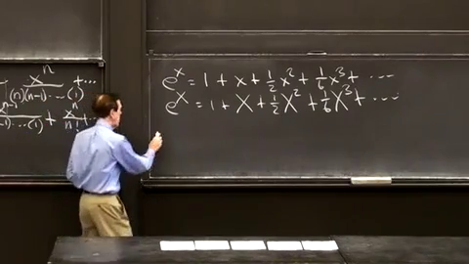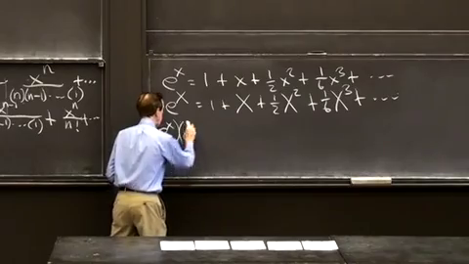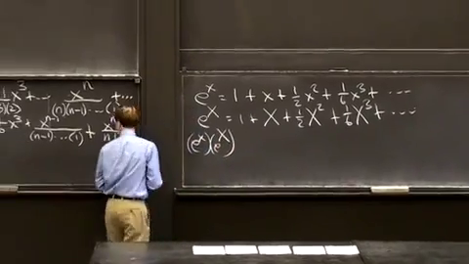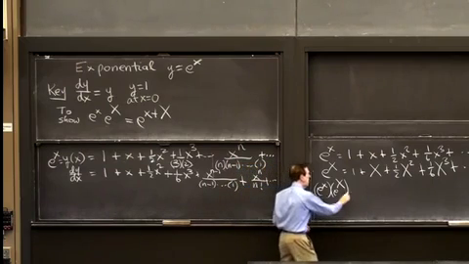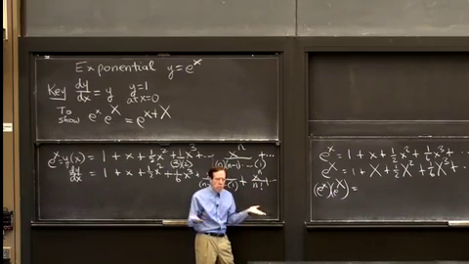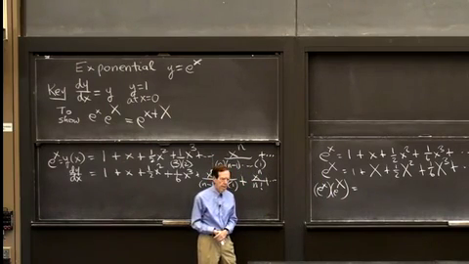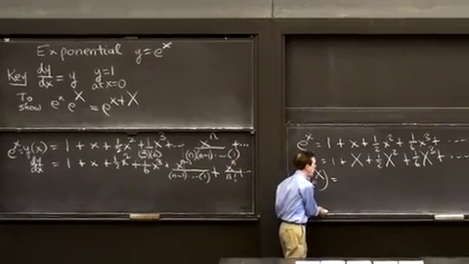Let's multiply these. e to the x times e to the capital X, because that's what I'm interested in knowing. Okay, can you just do all the multiplications? So, and we'll see what we get.